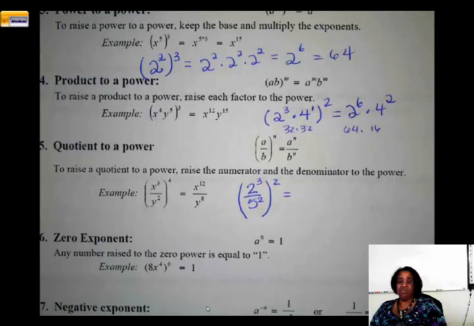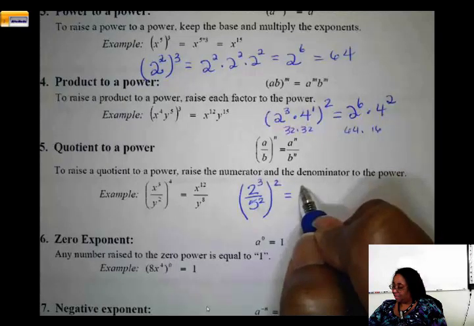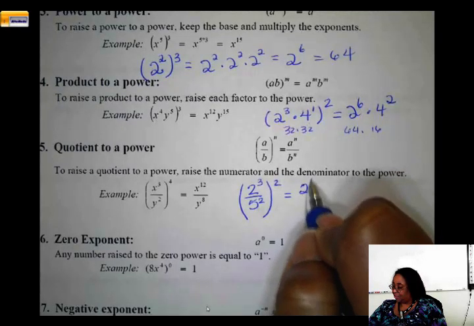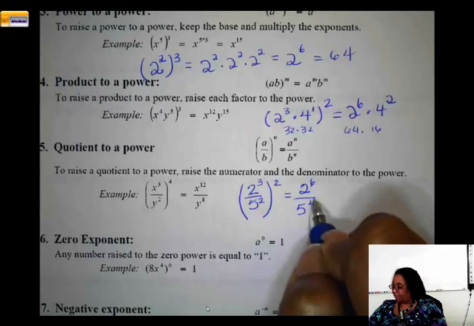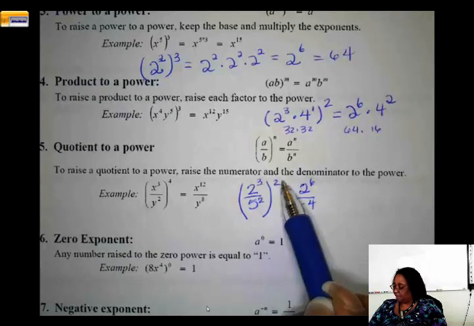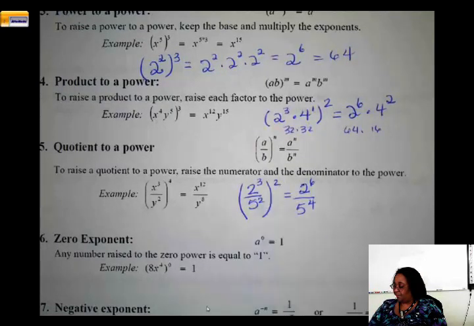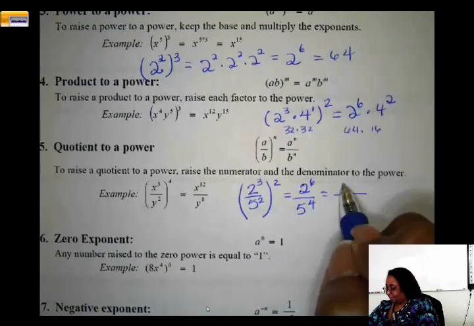Now, since 2 and 5 are both prime, we're probably not going to be reducing anything. So this is the same as saying, okay, I've got 2 to the 6th power over 5 to the 4th power. Because what you do up here on the top, you've got to do to the bottom. Don't forget the bottom, which a lot of people forget. This will give me 64, right? Yep.